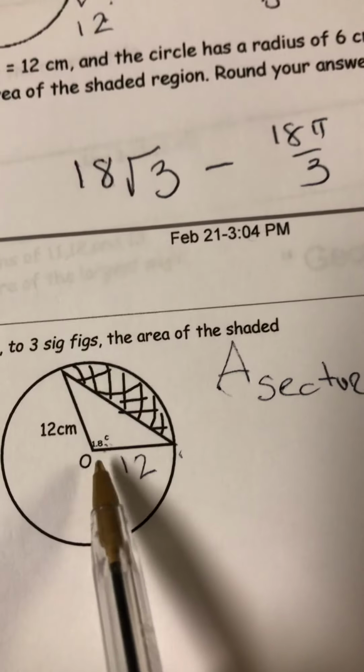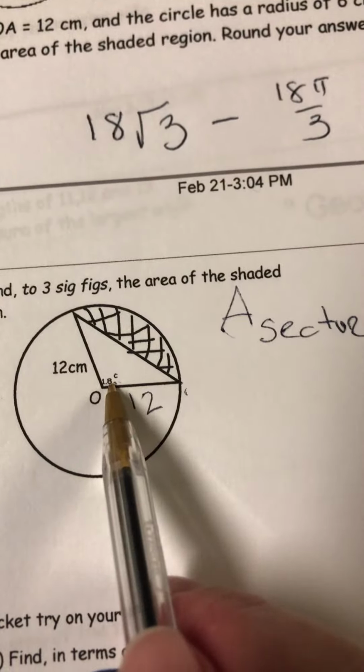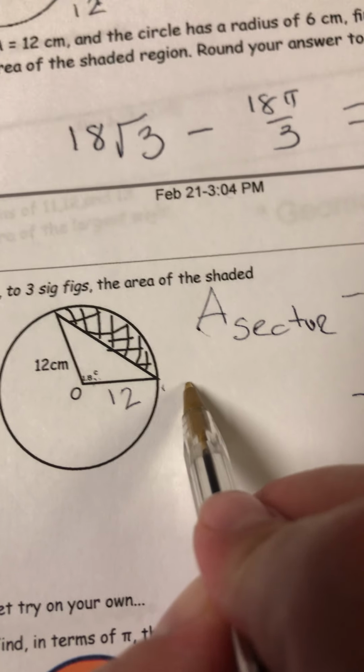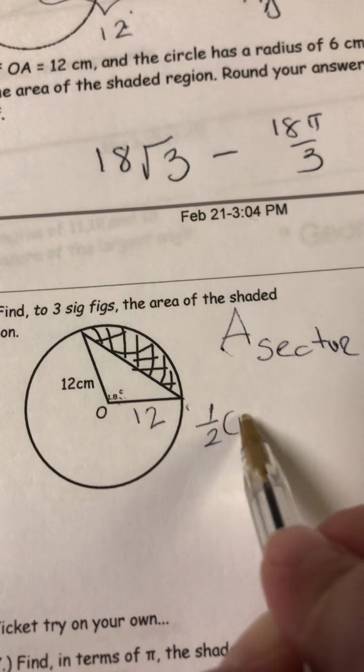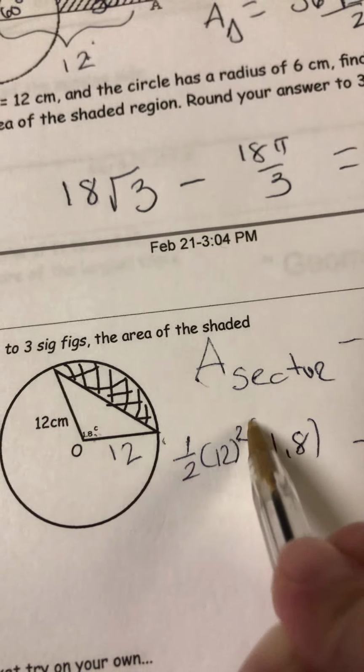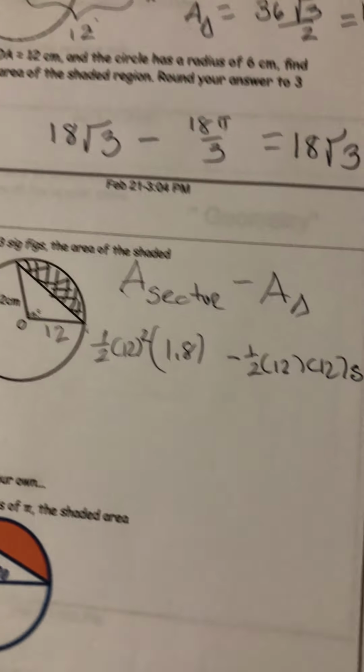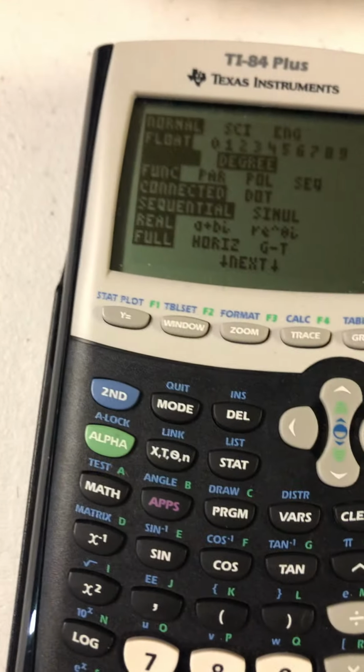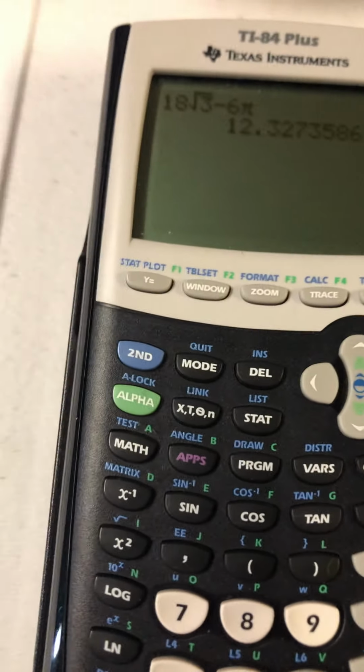Now I've got to find the area of the sector. Well, luckily for me, that is already in radians, so the area of the sector will be 1/2 times 12 squared, and just the angle, which is 1.8. Thank goodness, already in radians. But to find this answer, off to the calculator we go, my mode needs to be in radians. And you can very carefully type it all in.